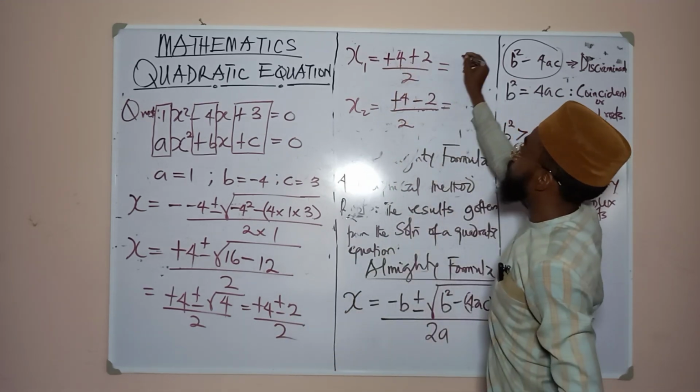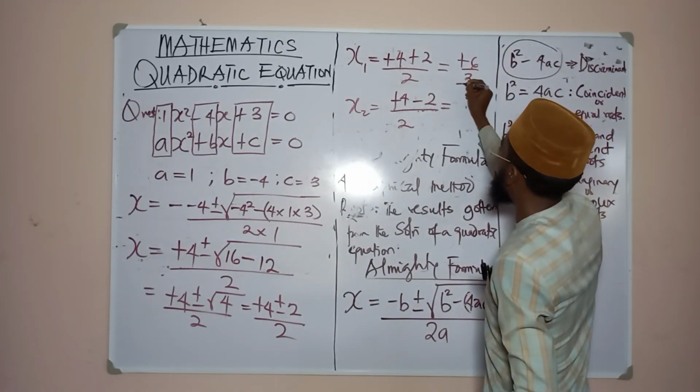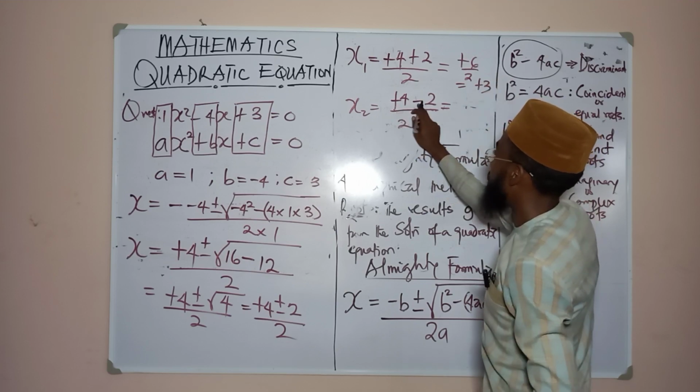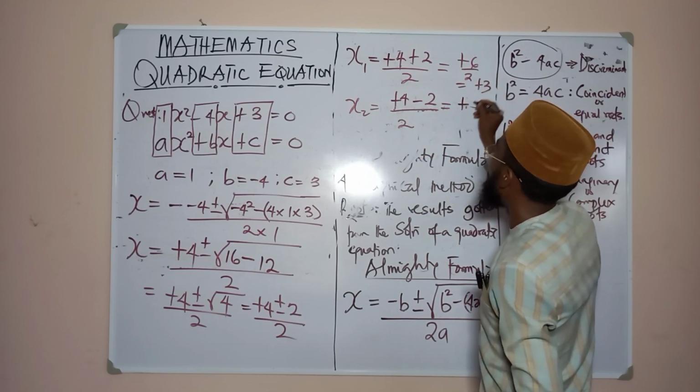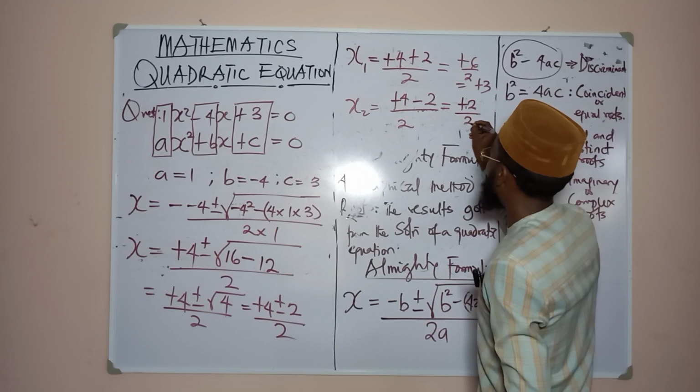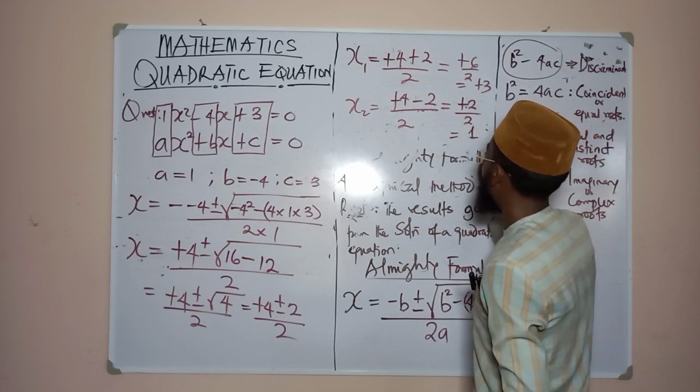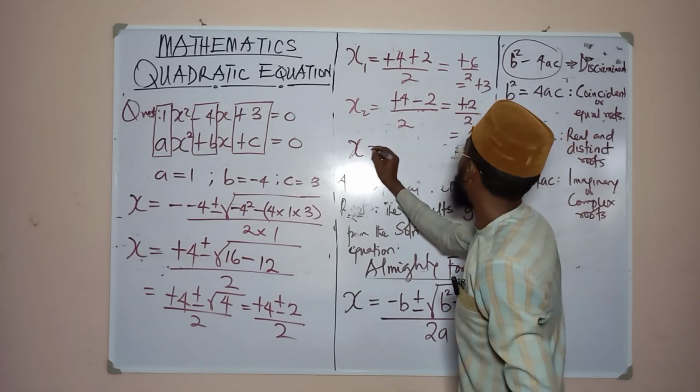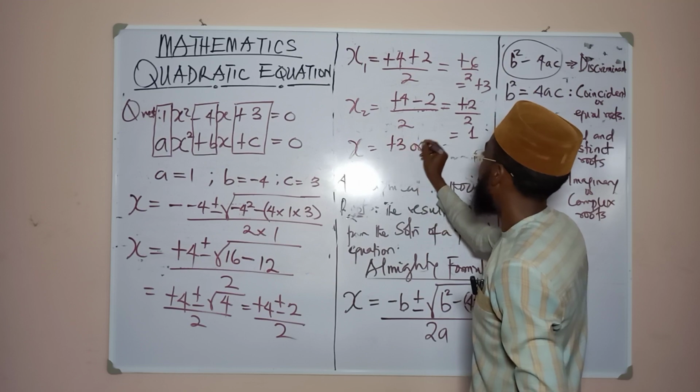So plus 4 plus 2 gives you plus 6 all over 2, which is plus 3. And plus 4 minus 2 gives you plus 2 all over 2, which gives you 1. So your answer here is that x is either 3 or 1.